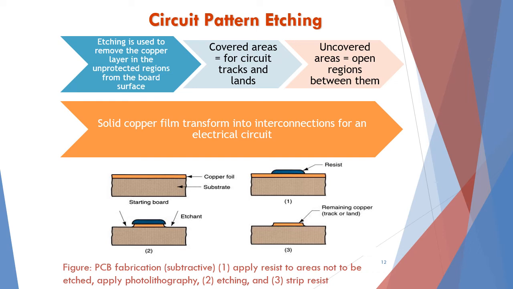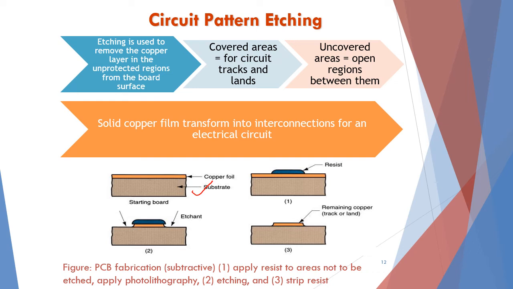If you can see from the picture here, this first picture shows the copper foil and also the substrate, where the copper foil is already layered on the substrate. Then we perform screen printing or photolithography to put the resist on the copper foil layer, and then we do etching.